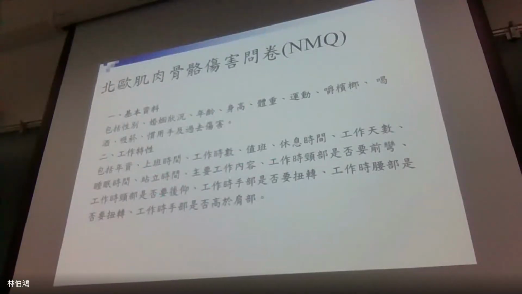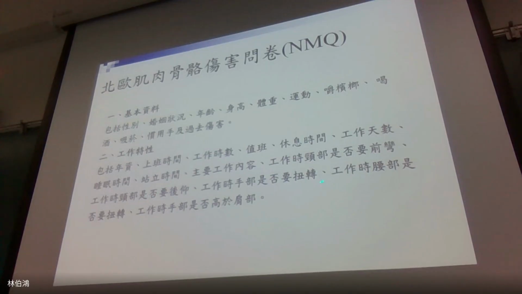Okay, so the main content of your work. So when you are working, you may need to do over bending or back bending. Your hand needs to be twisted. Your waist needs to be twisted. Your hands are over your shoulder.